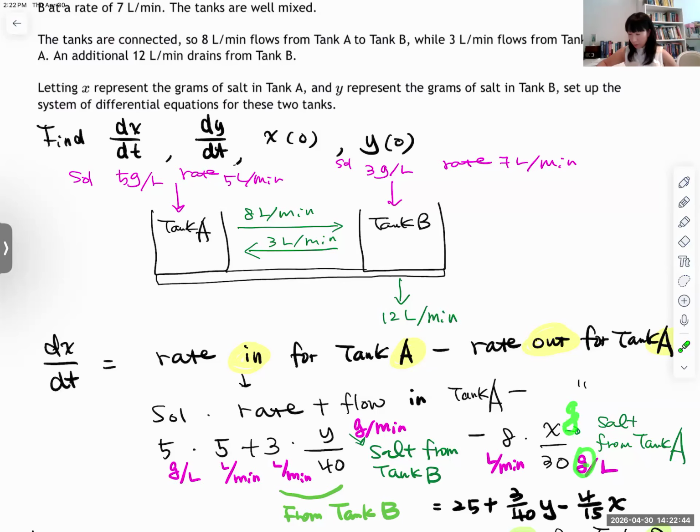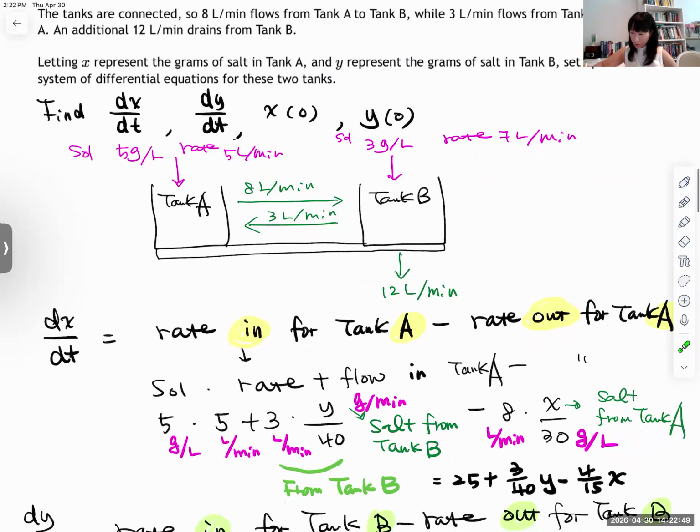So that is grams of salt, and the liters come from the water. Let me fix that. How much salt, we don't know, and the liters are from the water, 30 liters initially. We have that, right? Okay, so we understand?